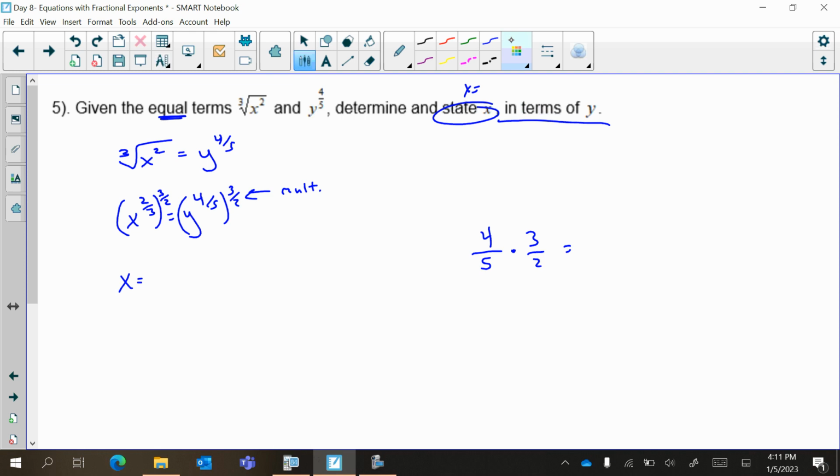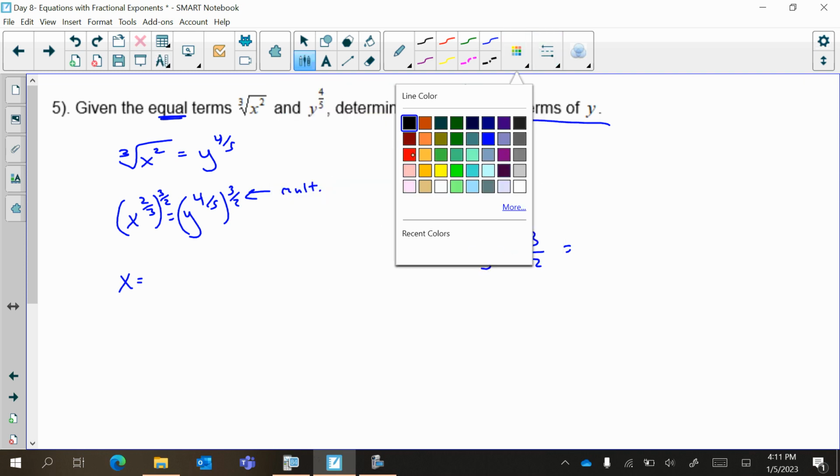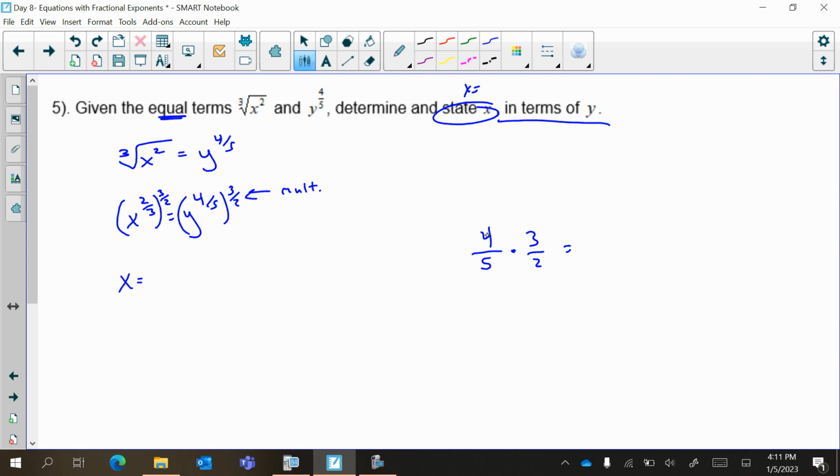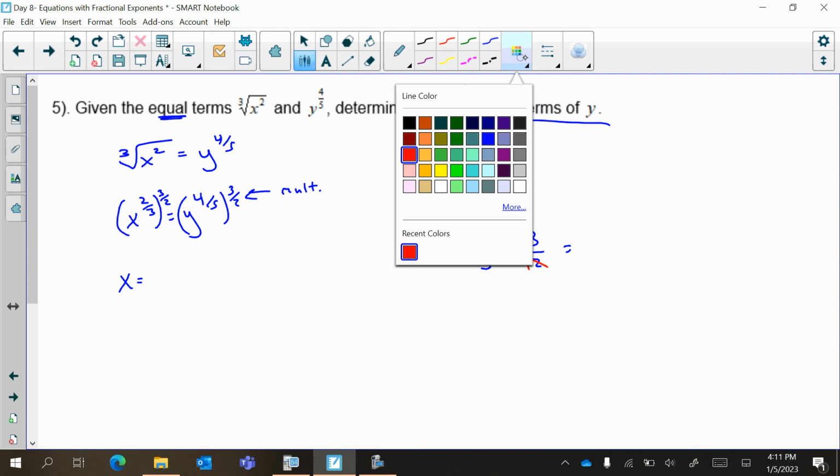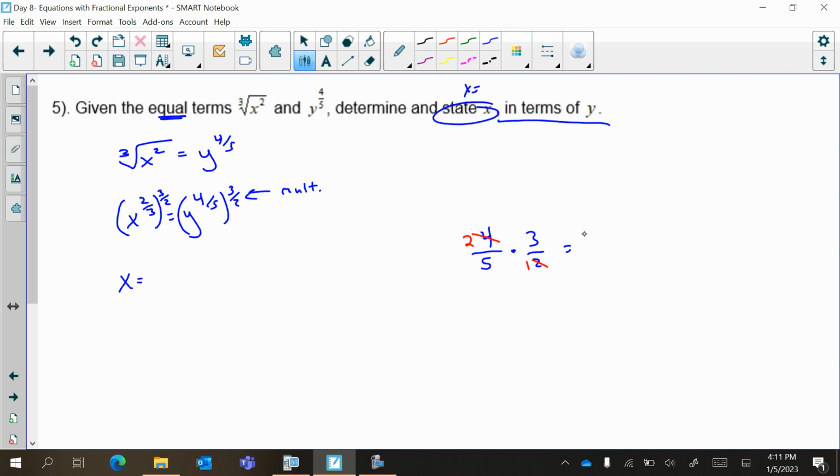Now, if you want to do 4 divided by 2, they have a common factor. 4 divided by 2 is 2, 2 divided by 2 is 1. And you don't have to do that, but by doing that, you make it a little bit easier for yourself because now you have 2/5 times 3/1. 2 times 3 is 6, 5 times 1 is 5.